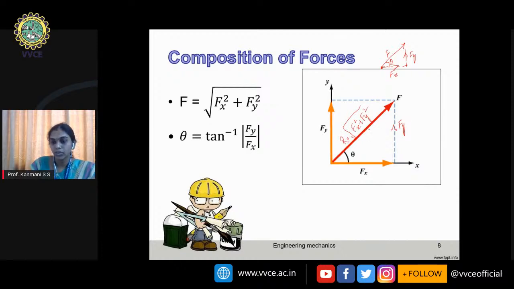If you want the theta value, observe, theta doesn't have anything to do with the direction of force. I repeat, theta doesn't have anything to do with the direction of force. It gives the direction of the resultant directly by knowing the scale of fy and fx, or the magnitude of fx and fy. So I can simply apply tan theta here. Tan theta is simply opposite side by adjacent side, that is fy by fx.